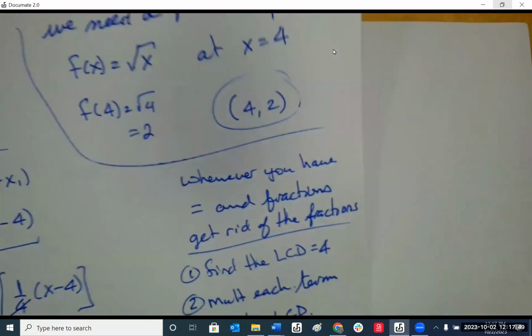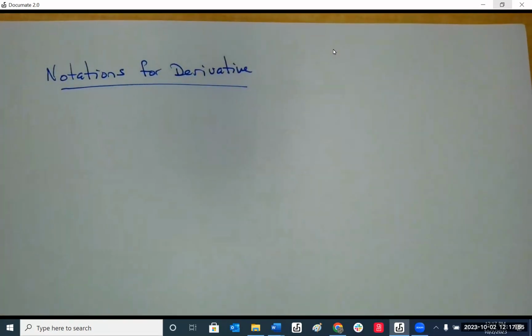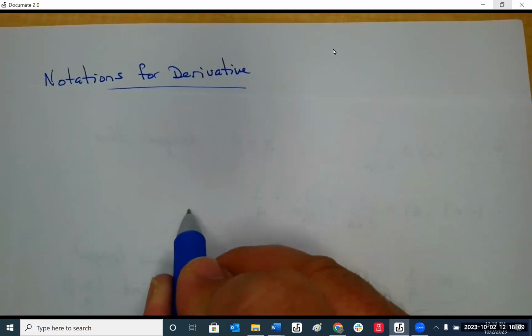So as I'm saying, you can use whatever method, but this method here gets rid of fractions, so it's much easier to work with, and then it'll make the answers easier. But yeah, you can do whatever you want to. I'm just showing you the way I always do it.